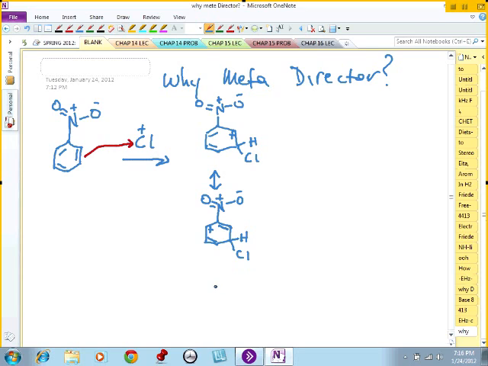Okay, can we draw another resonance? Yes. Keep in mind our resonance cannot involve this carbon here, because this carbon is sp3 hybridized. So we draw another resonance. This time we move this pi electron to here, so the positive charge will now be on this carbon.